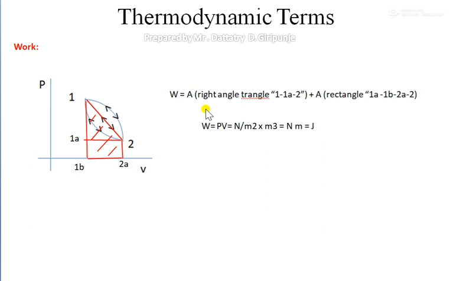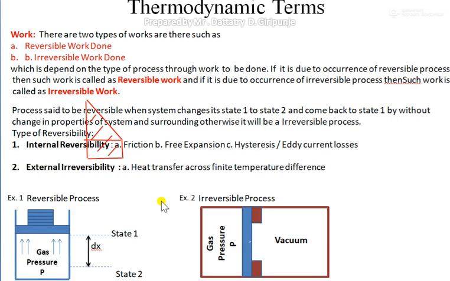So that's why work and heat are both path functions rather than point functions. Here we can say work and heat are both path functions, which depend on the path. Now we will see different types of work.